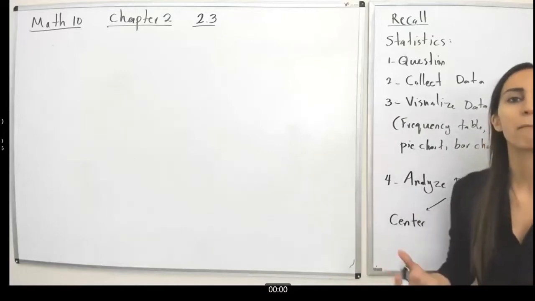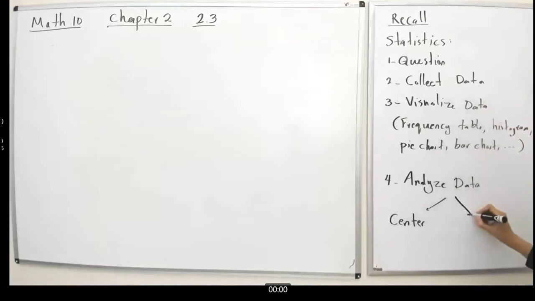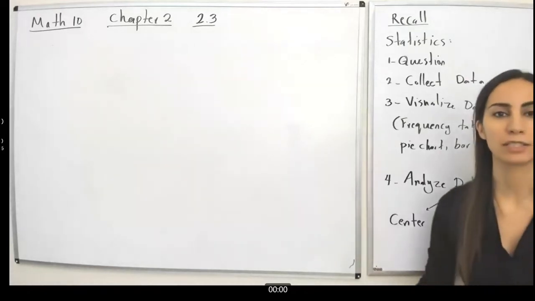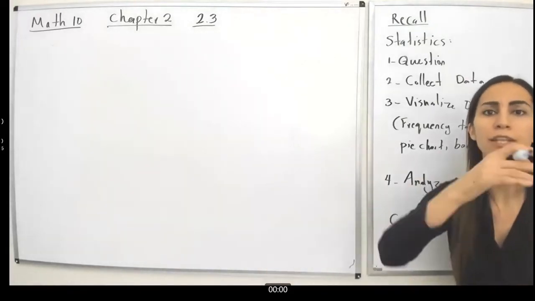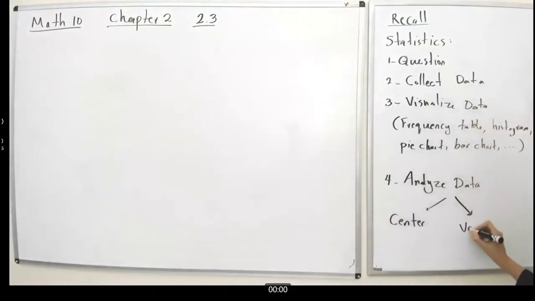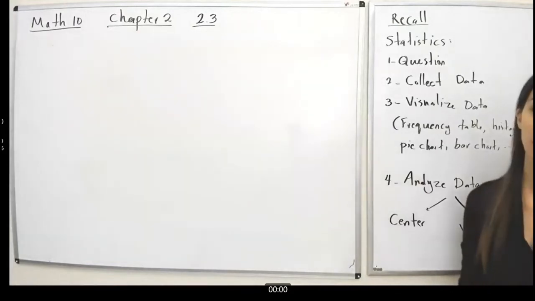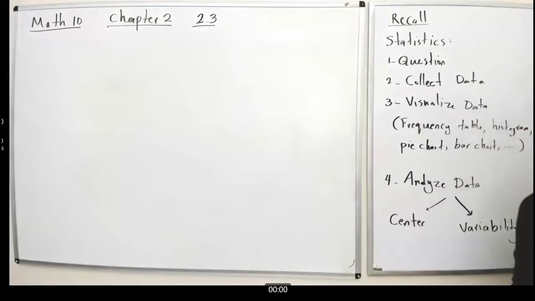Where are the majority of your collection? And the second one is variability: how your data spread out in the collection. So today we're going to talk about center first. Later on, we're going to talk about variability.